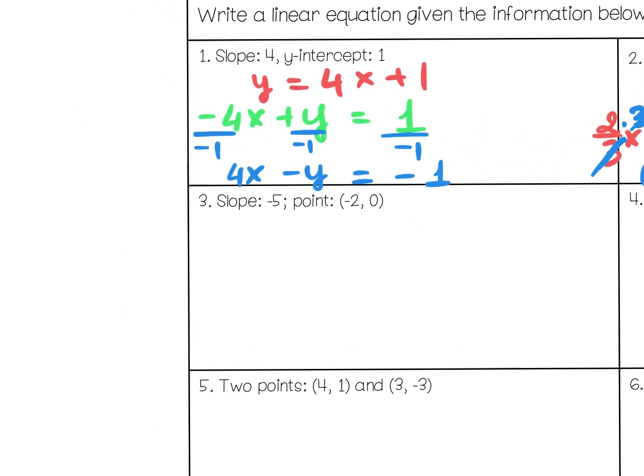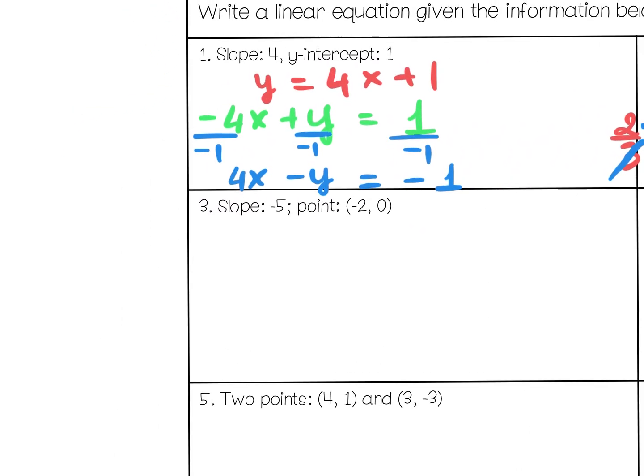I'm going to do number 3, and I'm going to let you do number 4. You are given a slope, and you're given a point. So I will use the point-slope form that I learned from yesterday. So y minus y1 equal to slope times x minus x1. And I'm going to substitute them in.